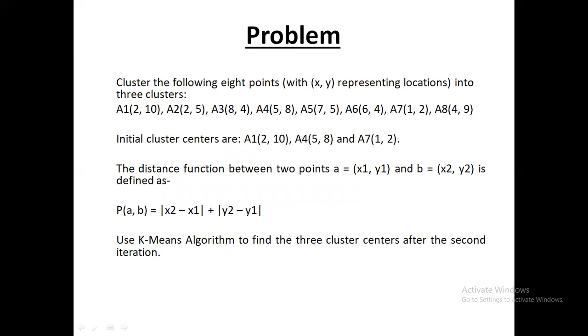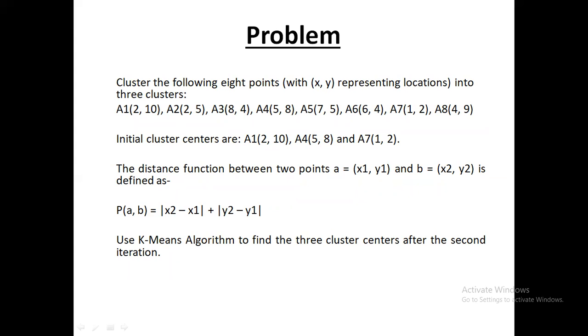Here is a problem based on k-means clustering. We have to cluster the following 8 points, with x, y representing locations, into 3 clusters. These are the data points A1, A2, A3, A4, A5, A6, A7 and A8.